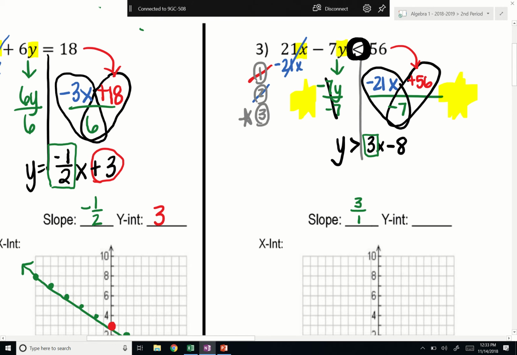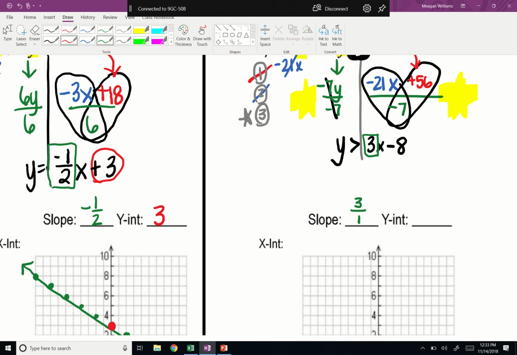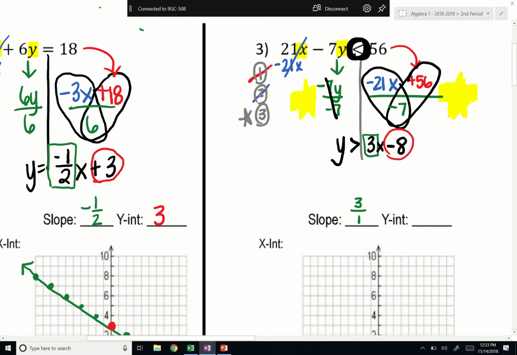What's my slope here? 3 over 1, so we have a rise over run. What's my y-intercept? Now we do have to remember, this says greater, above. And it is dashed because it does not say equal.